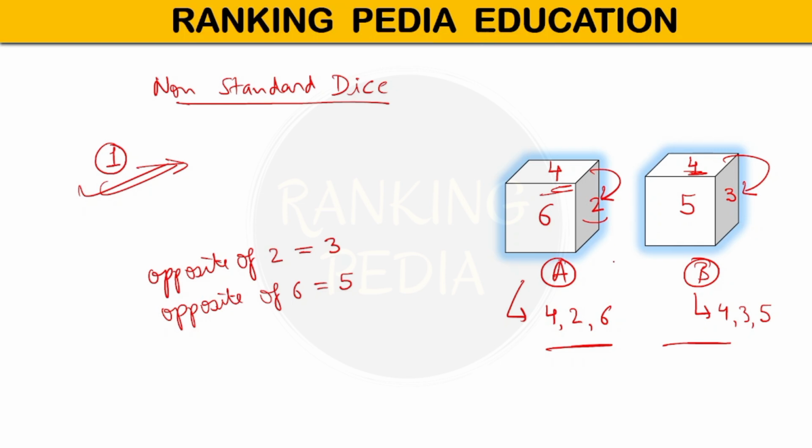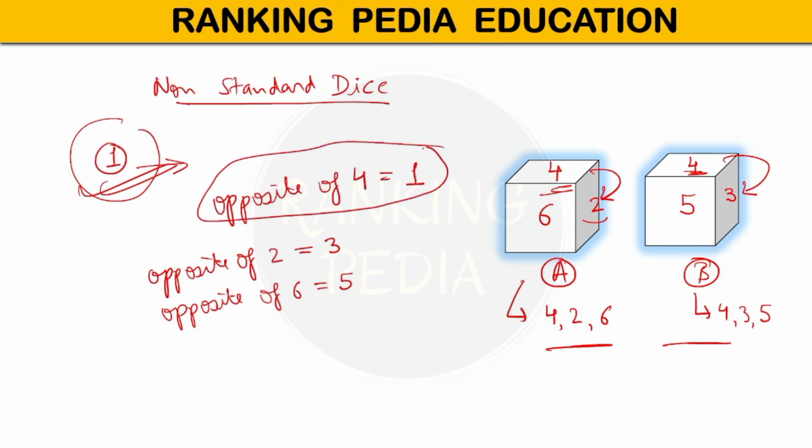So the opposite of 6 is 5, and the opposite of 2 is 3. The number which is not present is 1, which means 1 is at the bottom of the dice. So the opposite of 4 is 1. In this way, by comparing two dice, we can easily solve the non-standard dice questions that will come in your examination.